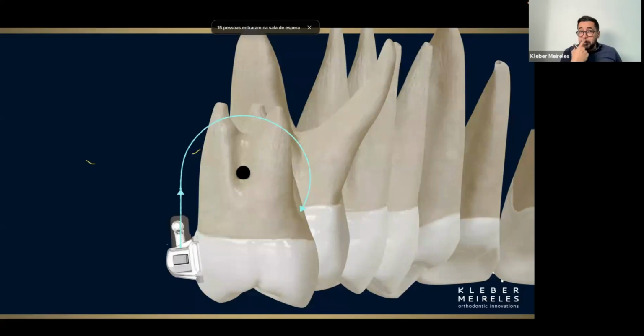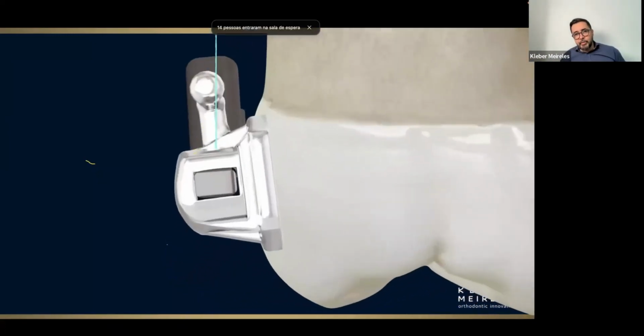If I'm using the rectangular arch wire, now I have another thing. Now I don't have just one point of contact between the round wire and the slot, or 2 points, but without a couple. I'm having a square shape inserted in another square shape, the slot and the rectangular arch wire. So the relationship between those two square shapes will eventually generate, during the movement, a couple, 2 points of application of the force.